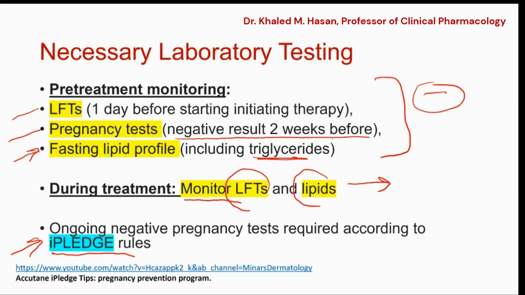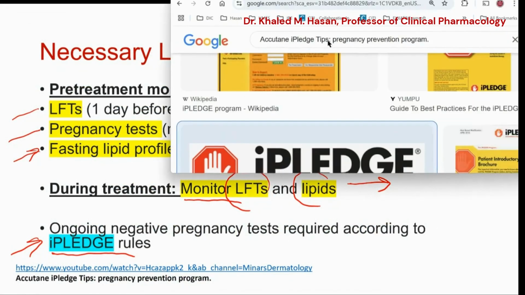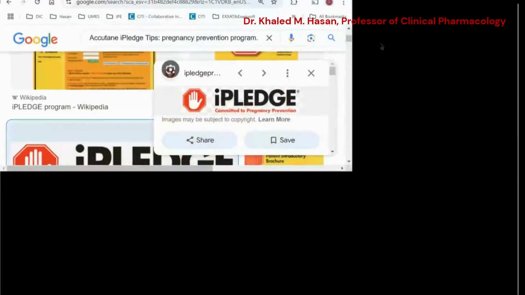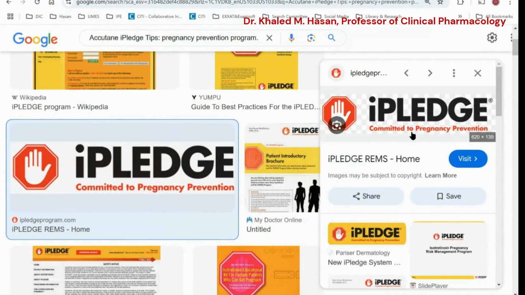Here, let me look. It should be here somewhere. iPLEDGE, Accutane. Yes. So we have it there, and patients may be given the information leaflet, and carry the card with them for iPLEDGE, not to try to get pregnant during this treatment.